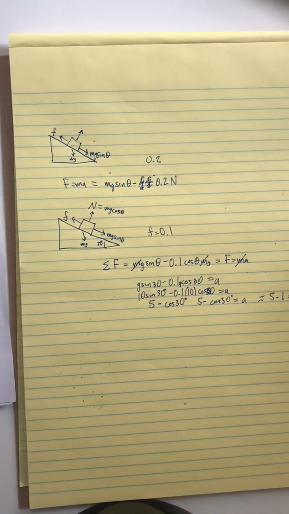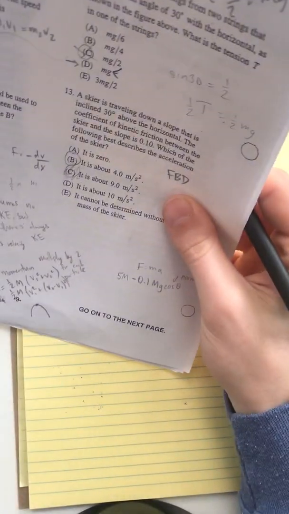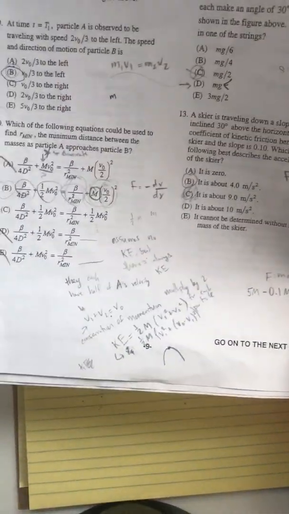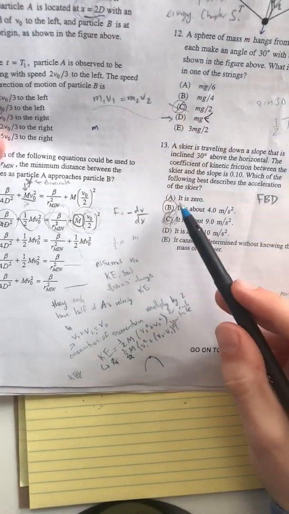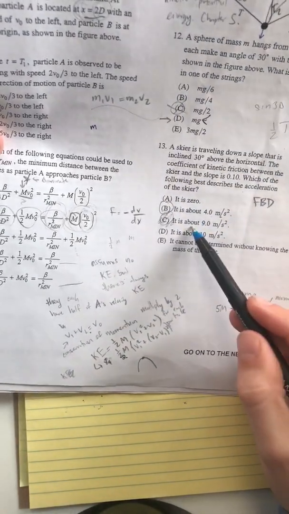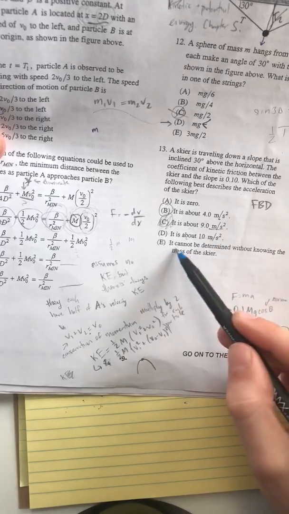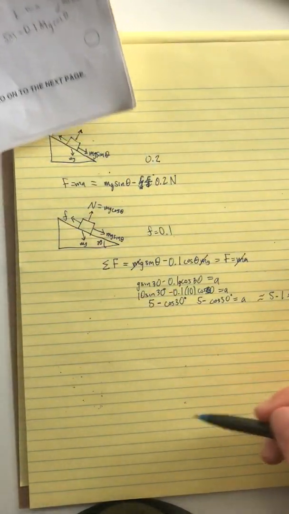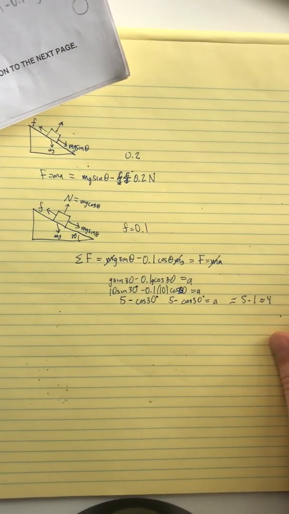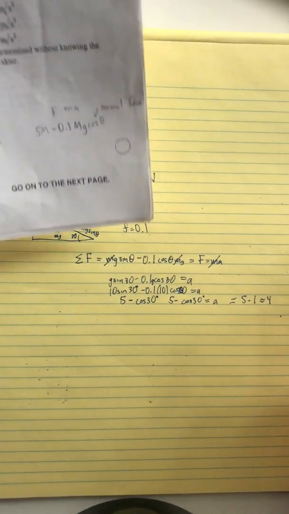Remember, for this problem, we don't have to be super exact because the answers are pretty general and far apart. As you can see, our answers are 0, 4, 9, 10, and cannot be described, and it's 4, as we found through these equations right here. Here, I'll move that over so you can see. Yep, and that's our acceleration.